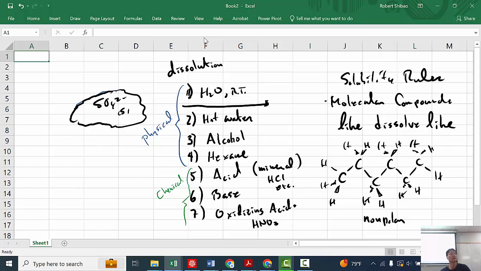Temperature is a measure of kinetic energy, and so you just have more violent collisions. The more violent collisions will get things to dissolve. So if you have a solid that's not dissolving, heating up might get it to dissolve because you try to break apart the lattice, the crystals, using kinetic energy.